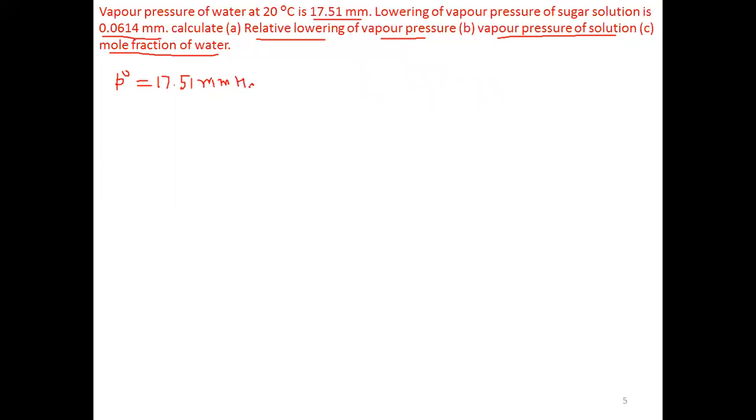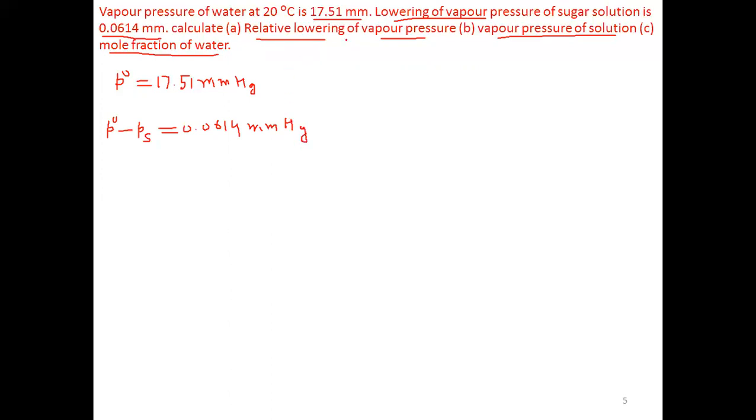Now we are given the lowering of vapor pressure, which is given by vapor pressure of solvent in pure state minus vapor pressure of solution. This is called lowering of vapor pressure and its value is 0.0614 mm of mercury.